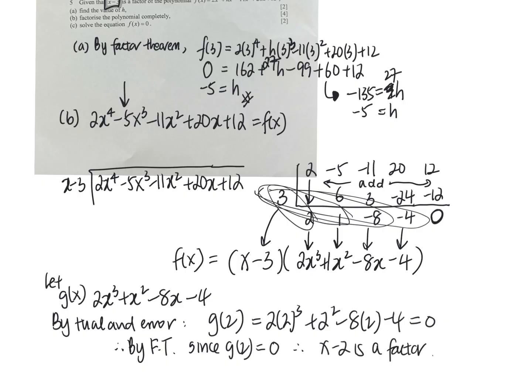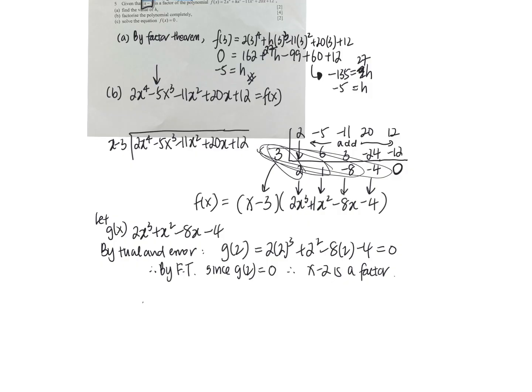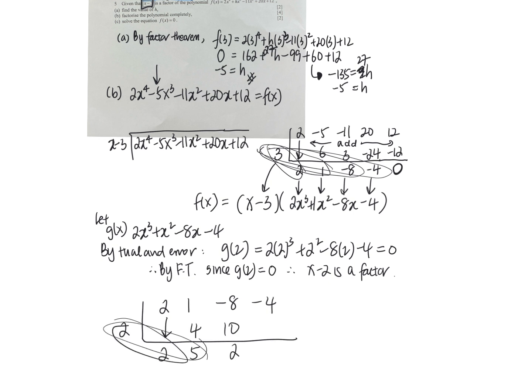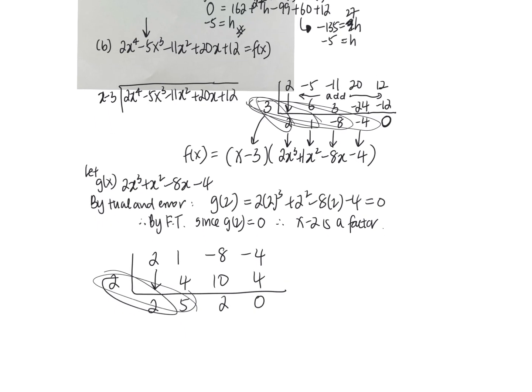Then you can long division again, or you do this. Okay, repeat this whole thing. So the two factors are 2x squared, 5x, and plus 2.